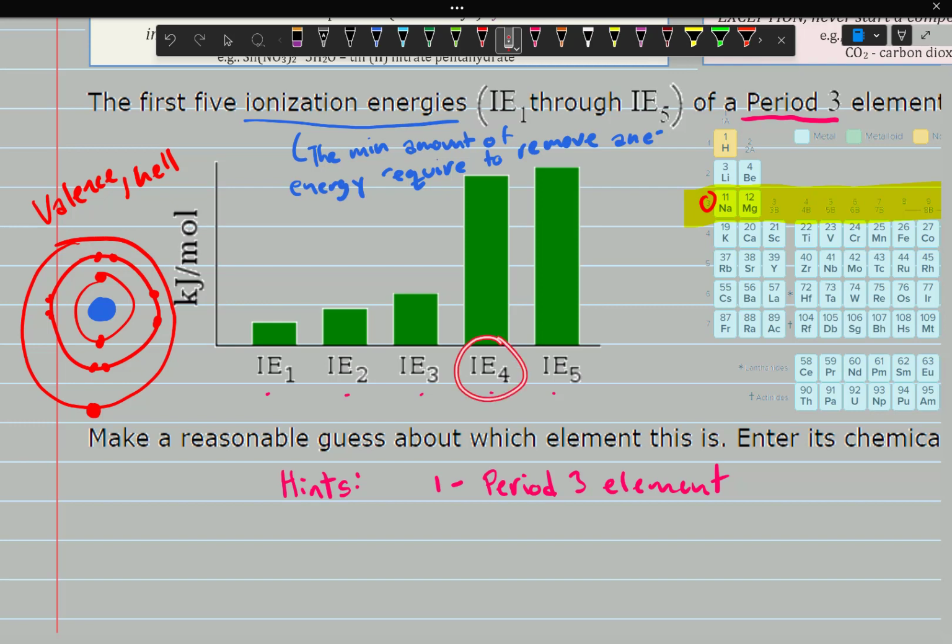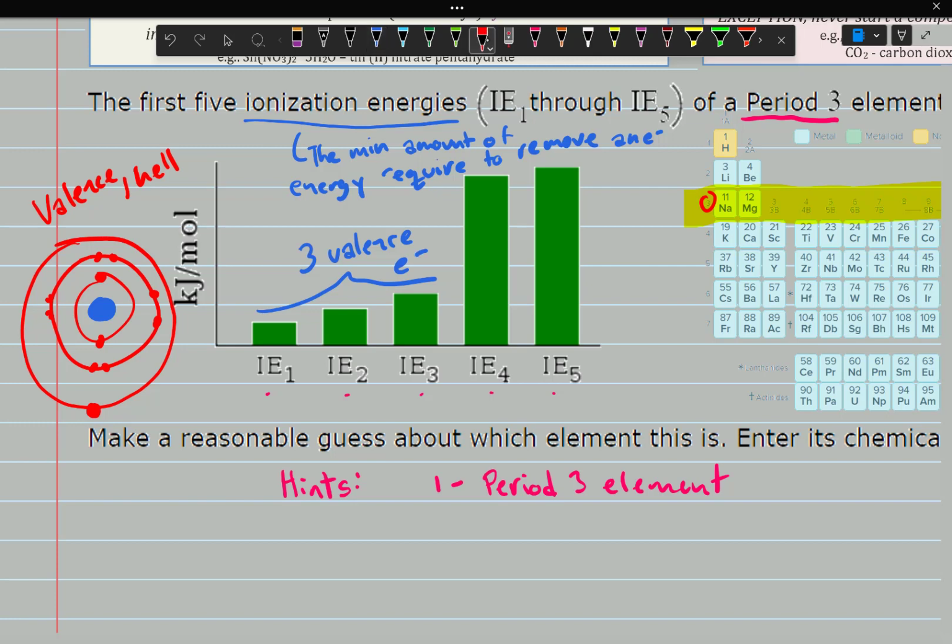However, once we reach 4, it suddenly jumps up by several times. It's like 3 times more energy that was required to remove level 4 than level 3. So what does this tell us? Well, it tells us that these levels represent 3 valence electrons.